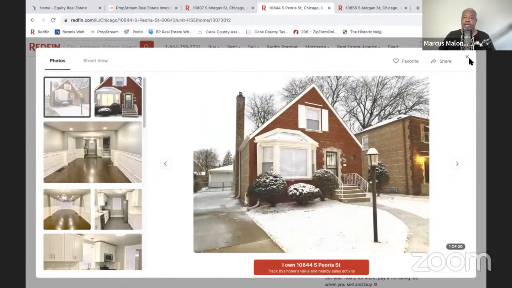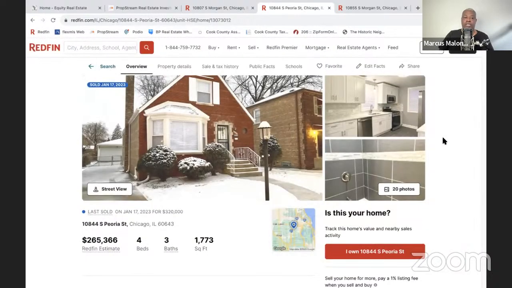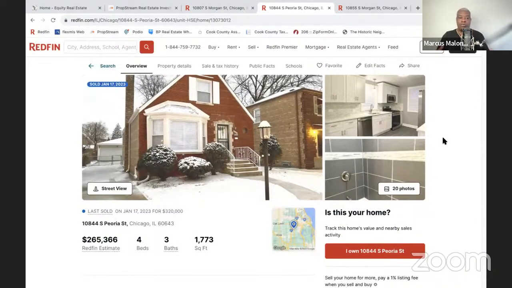Now, one of the things that I always want to tell you is when you're in some of the Midwestern states or colder states, brick properties hold their value a lot more than frame properties. So when we talk about making sure we're comparing like properties, we want to make sure we're comparing brick properties to brick properties, frame properties to frame properties.